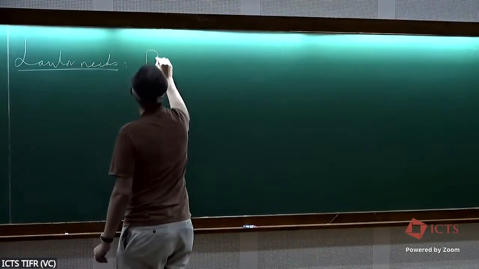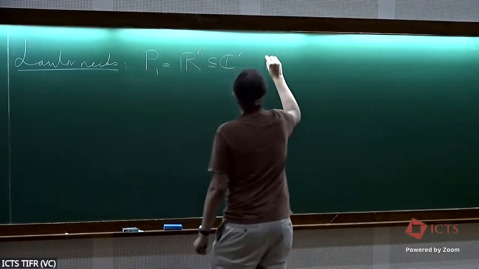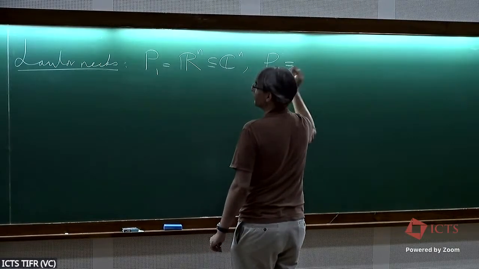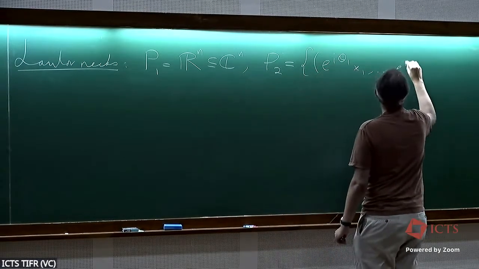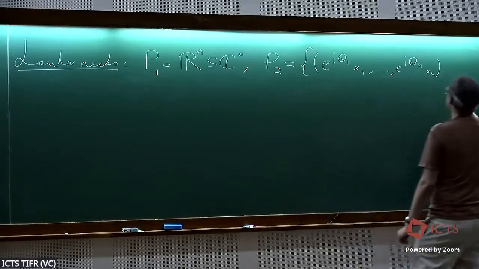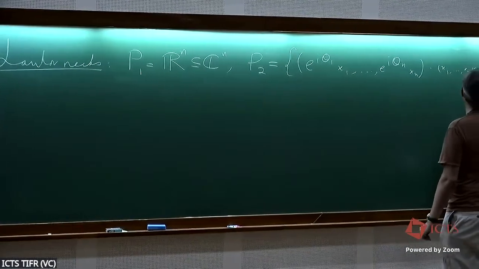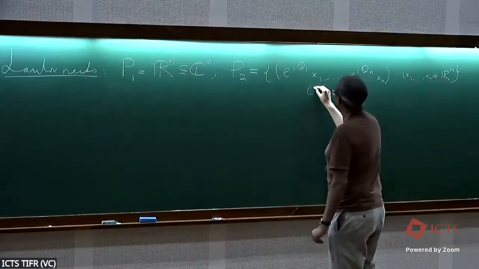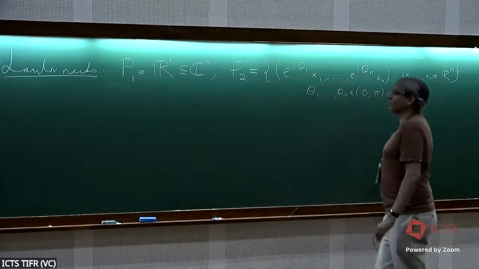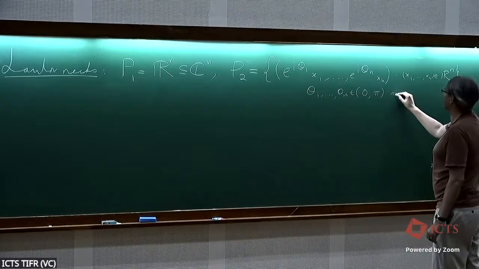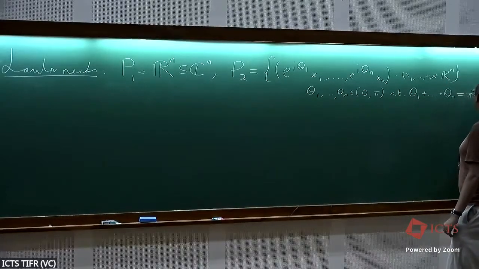If I take P1 to be the real R^n inside C^n, and P2 to be the plane with coordinates x1 to xn in R^n, and I take my theta 1 up to theta n all to be in (0, pi), such that the sum of the thetas is pi.